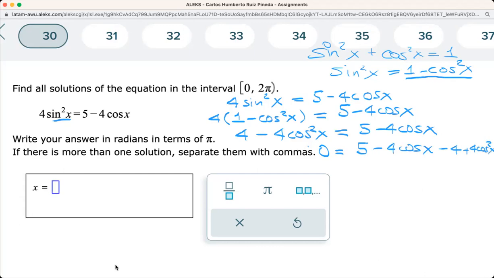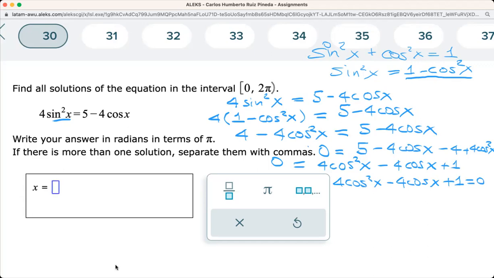So 0 is equal to, putting it in order from the quadratic term, 4 cosine squared of x, then the cosine term, minus 4 cosine of x, and then the numbers, 5 minus 4, 1 positive. And that is equal to 0. So we can just say 4 cosine squared of x minus 4 cosine of x plus 1 should be equal to 0.